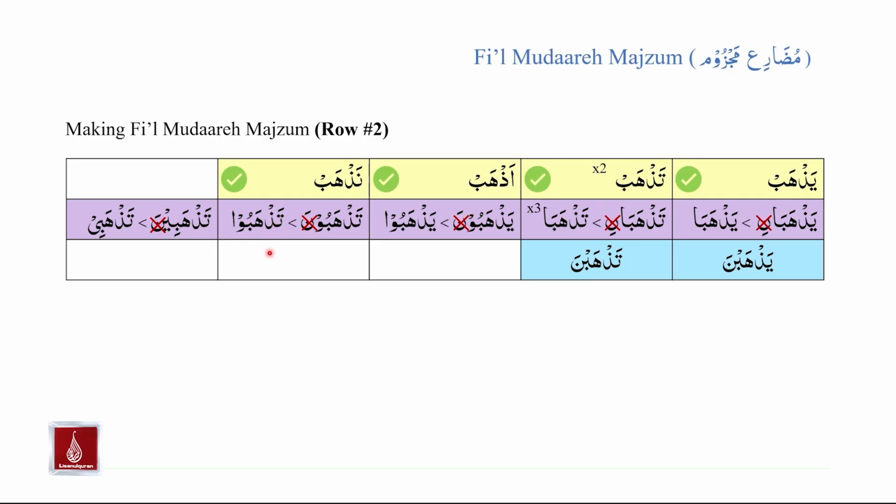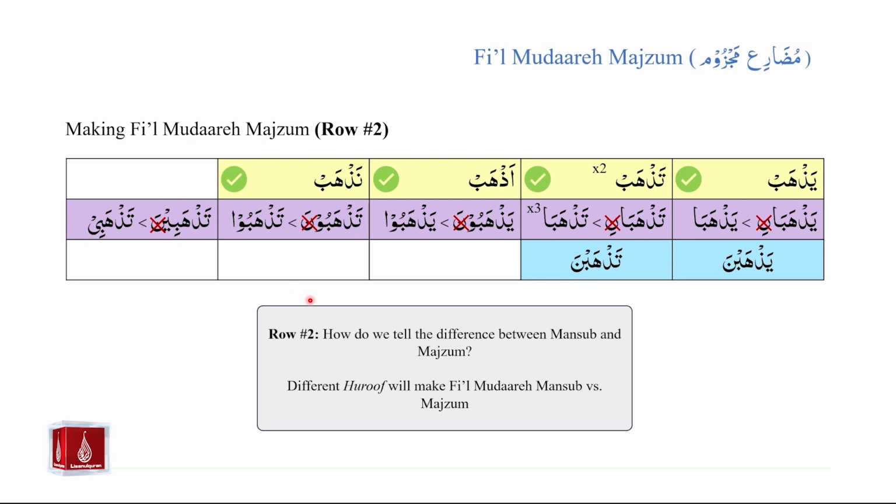This raises a question. How do we tell the difference between fi'il mudare mansoob and fi'il mudare majzoom when it comes to row number 2? Because row number 2 appears to be identical in fi'il mudare mansoob and fi'il mudare majzoom. The answer is simple: the difference lies in the different huruf that make fi'il mudare mansoob versus majzoom.